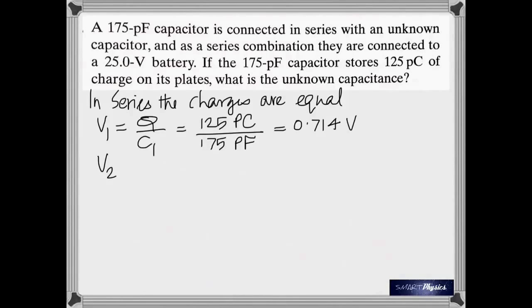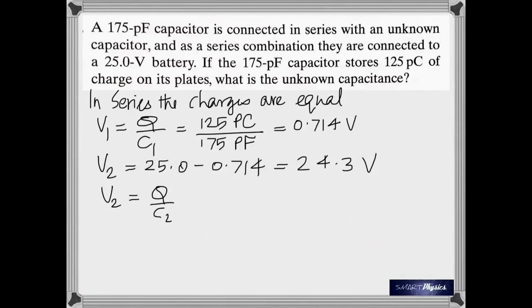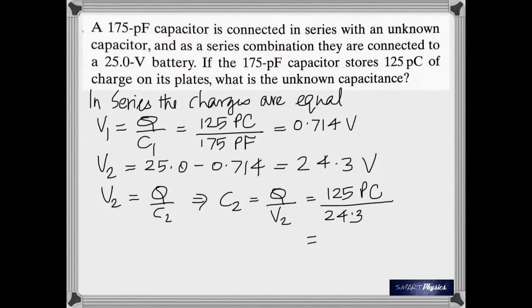Since we know that the total voltage is 25, the voltage on the second one should be 25 minus the voltage on the first one, which gives 24.3 volt. Now we also know that the voltage on the second is Q by C2. And since we know the voltage, we can rearrange and find the capacitance. That gives 5.14 picofarads.